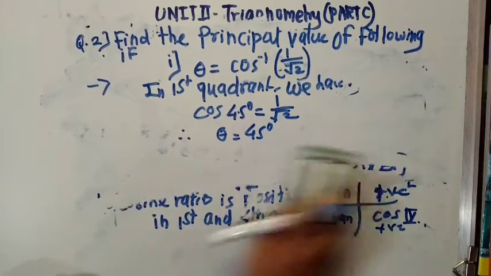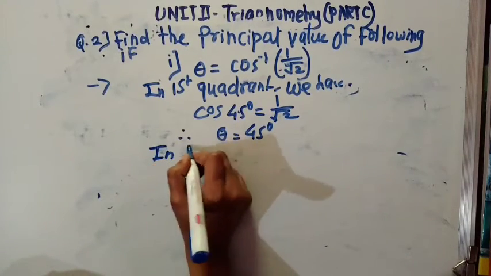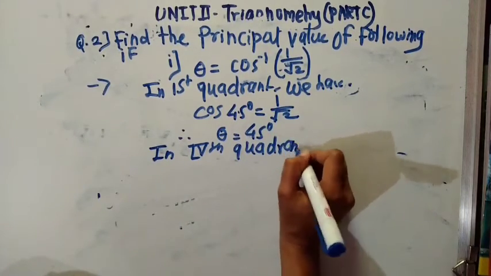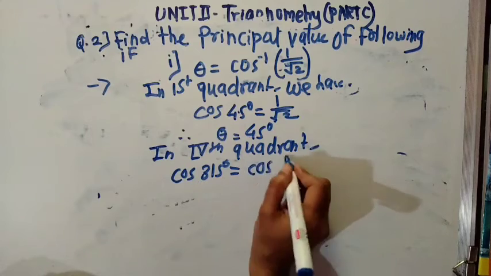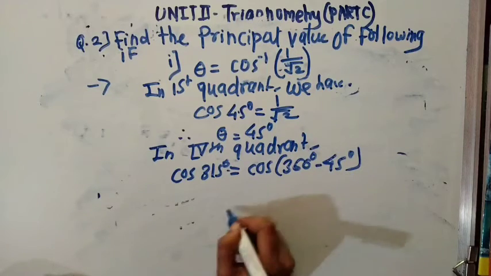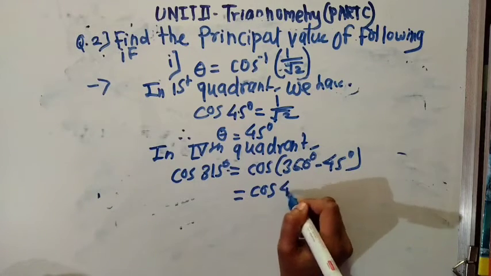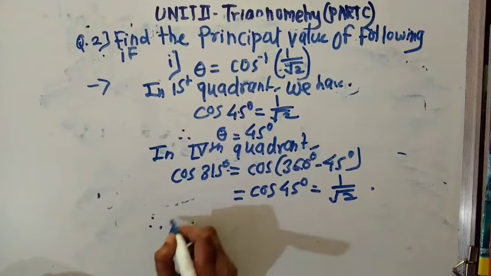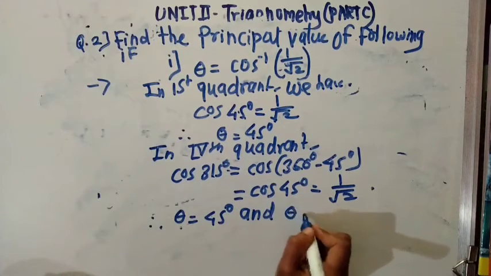And in fourth quadrant we have cos 315, means 360 minus 45 degree, but cos of 360 minus theta is cos theta, means cos 45 degree is equal to 1 upon root 2. Hence theta is equal to 315 degree.